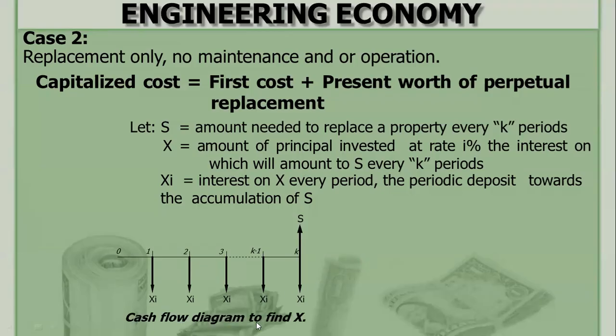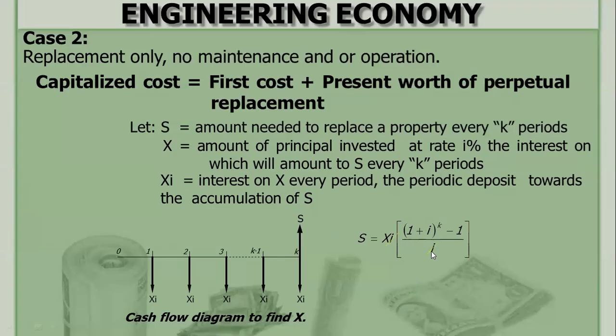So this is the cash flow diagram to find X. You need this amount, so to accumulate this, it will equal S. Formula of F is equal to A, quantity F given A I% N. This one.